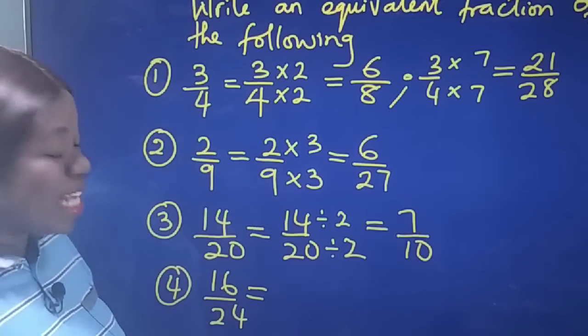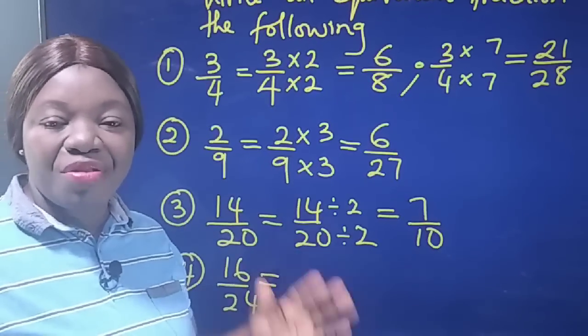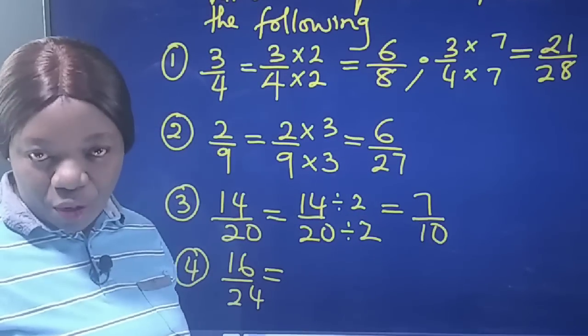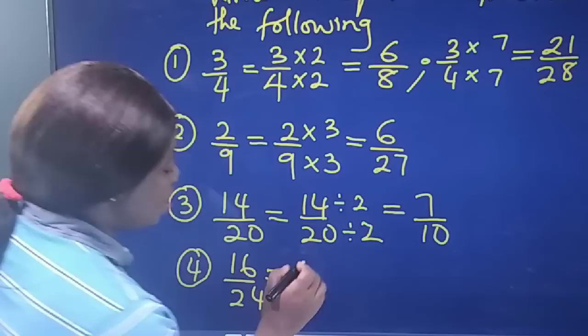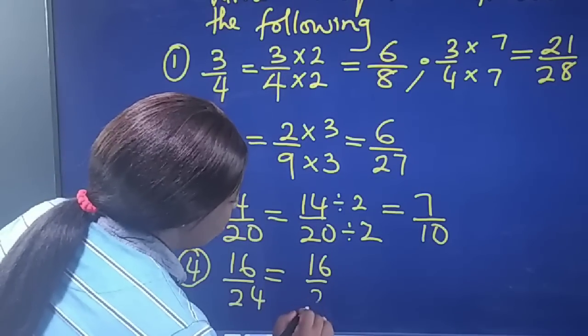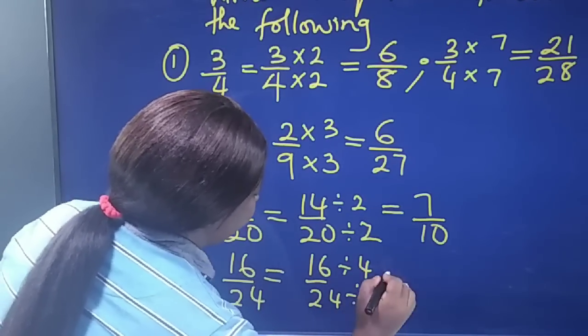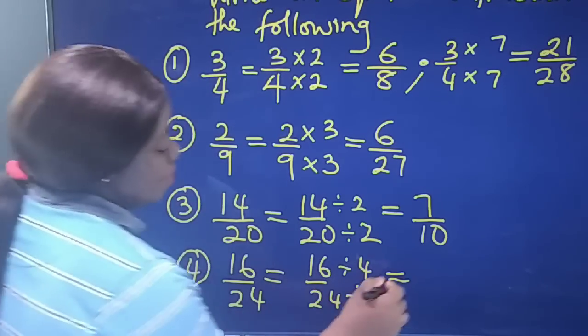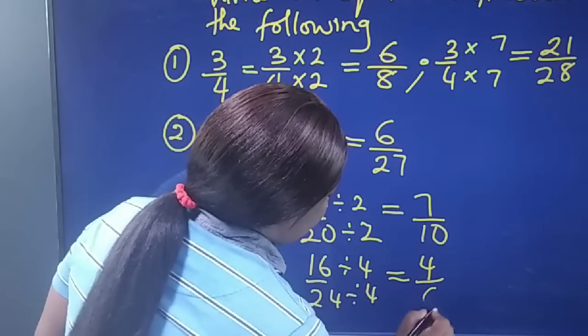Now look at the next one, 16 over 24. It has a common factor. We can reduce 16 over 24 because they are both even numbers and they are not in their lowest terms. So that will be 16 over 24. Let's divide by 4 because 4 is the highest common factor. 16 divided by 4 is 4. 24 divided by 4 is 6.